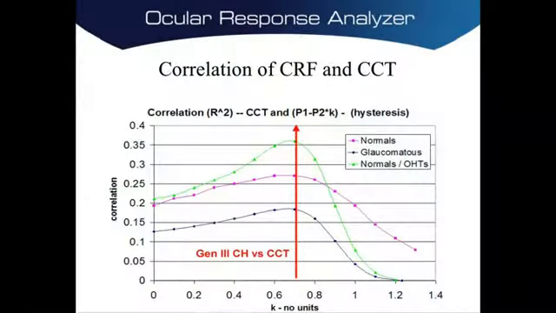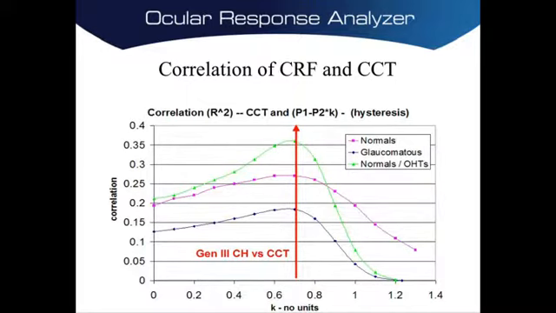And when we looked at the relationship between the corneal hysteresis and the corneal thickness, we were a little bit puzzled by how weak that correlation was, even in normal corneas. If you look at this plot right here, the pink line represents a normal population, and what we're looking at is the correlation coefficient between the thickness of the cornea and the corneal hysteresis measurement value.